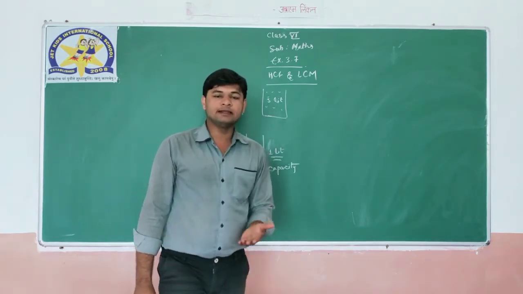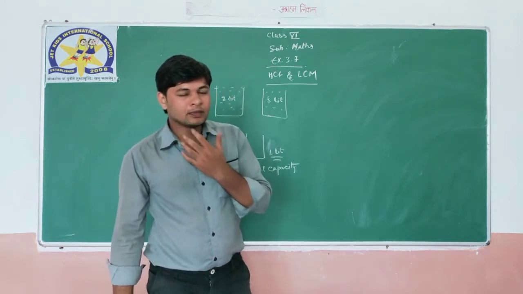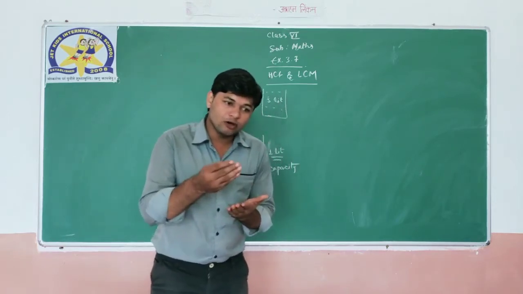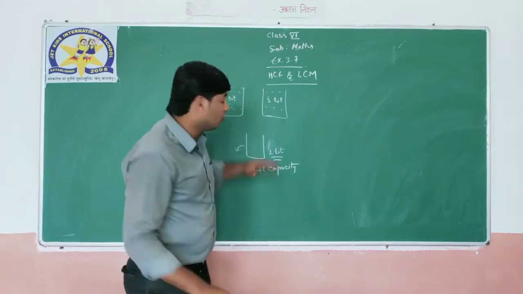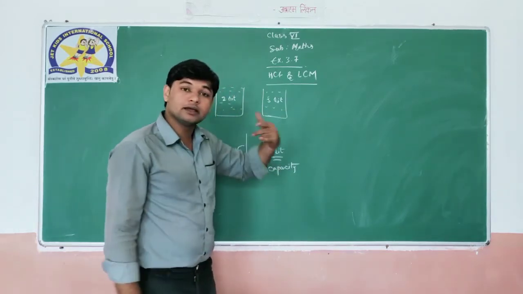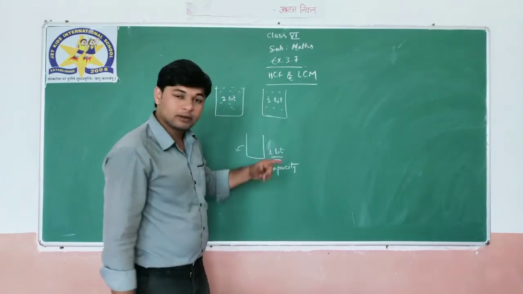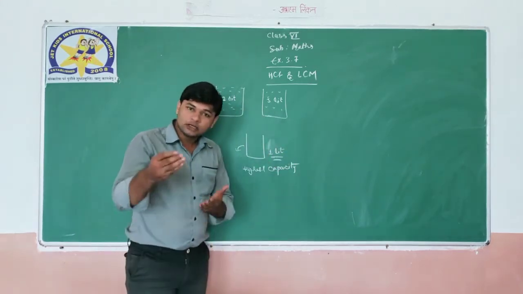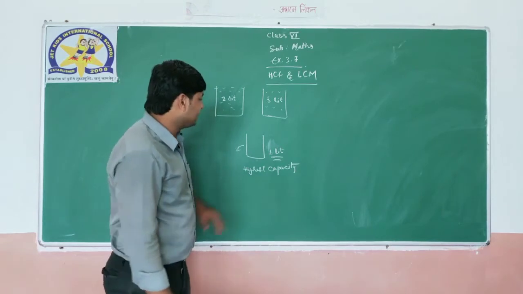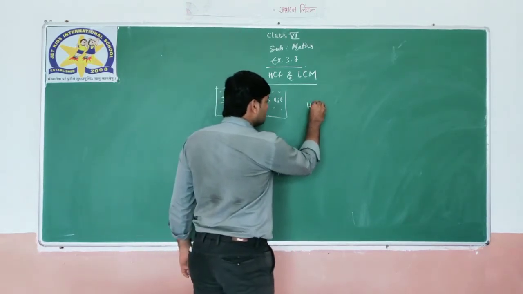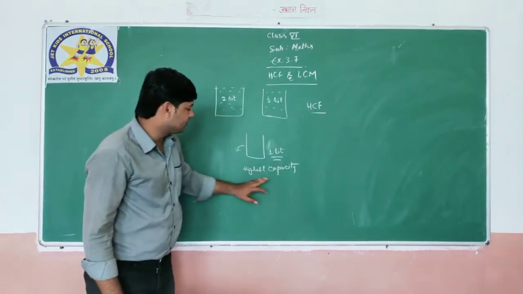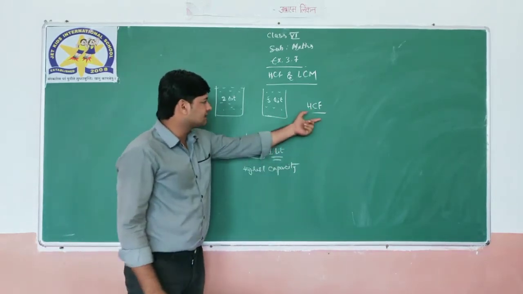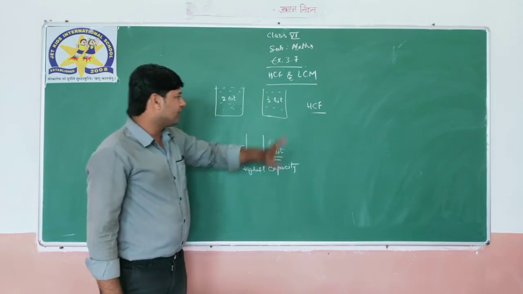We know from the properties we already learned that factors are always less than or equal to the given numbers, and multiples are always greater than or equal to the given number. The smaller one will be the factor. So here we apply the highest common factor, because highest is already given in the highest capacity.